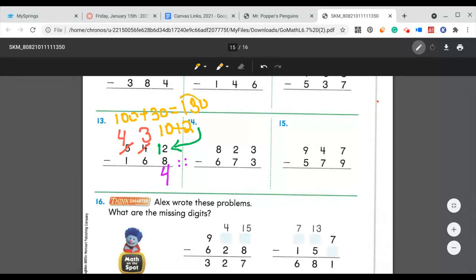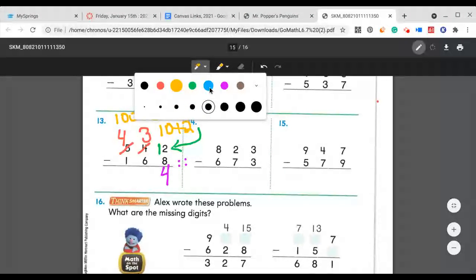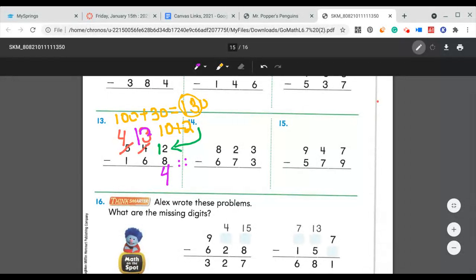We drop the 0, and this is now 13, or 13 tens, which is 130. So now we have 13.